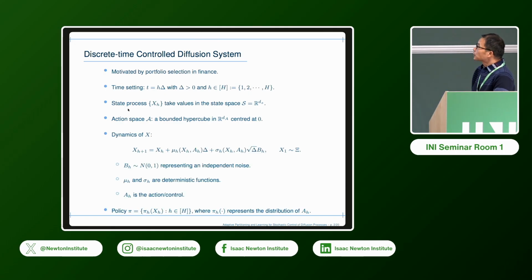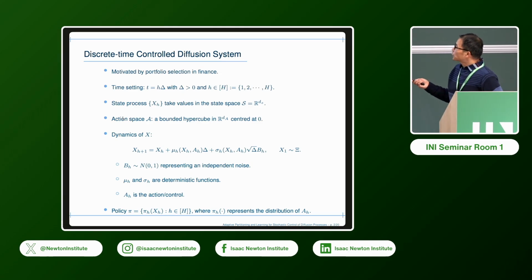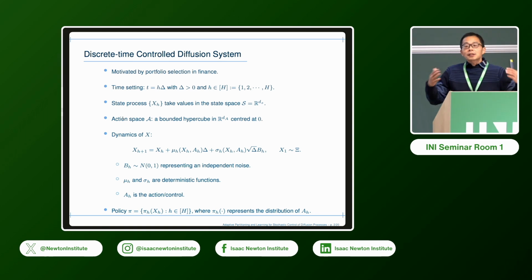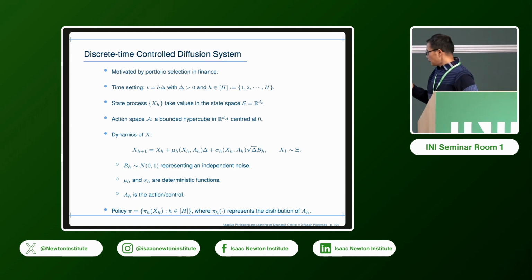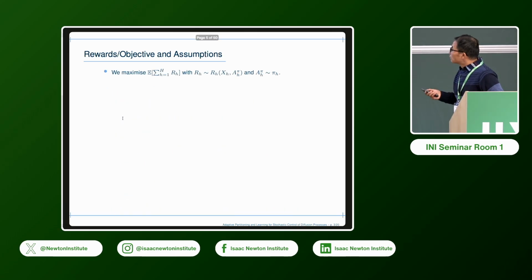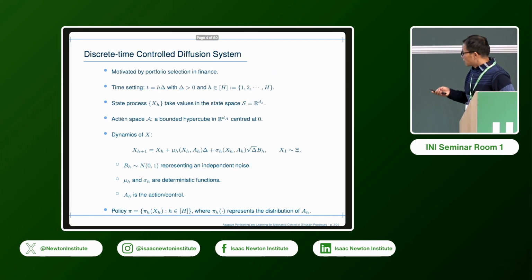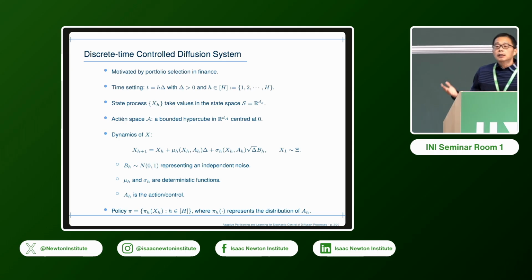The dynamics of our state process is given by this discrete time diffusion, where mu h, sigma h are some functions, but we don't know them. It starts from some initial states which follow some given distribution.